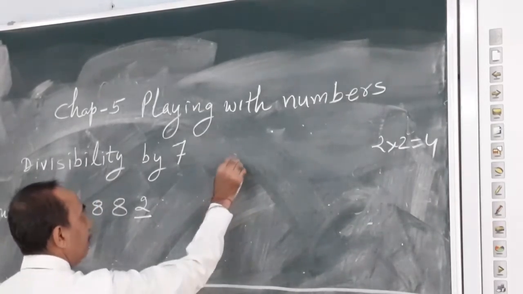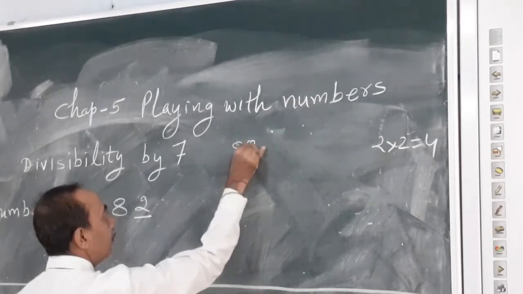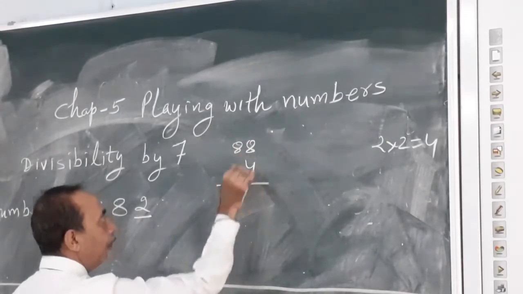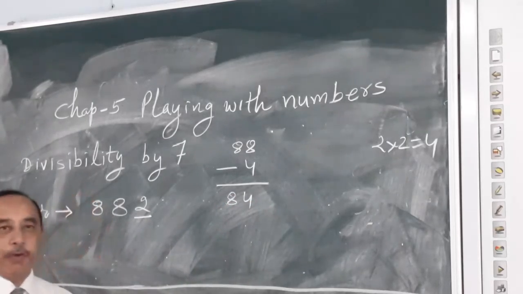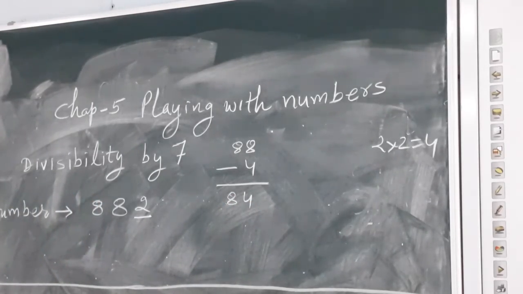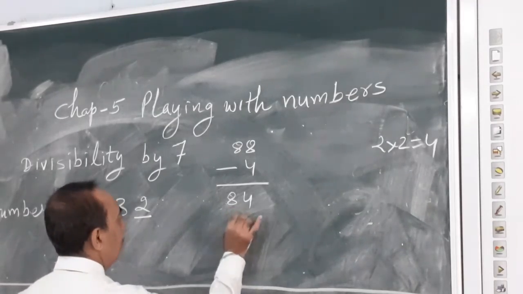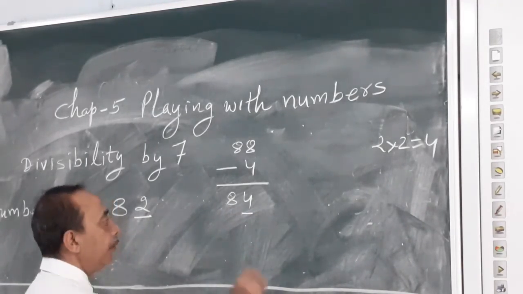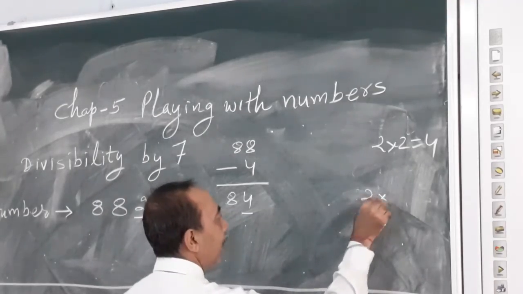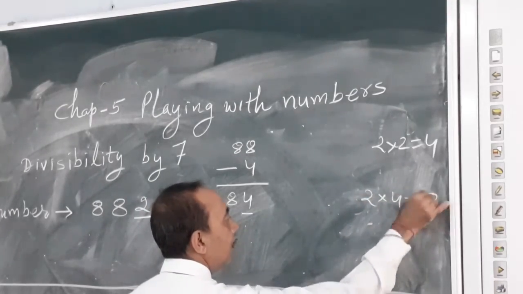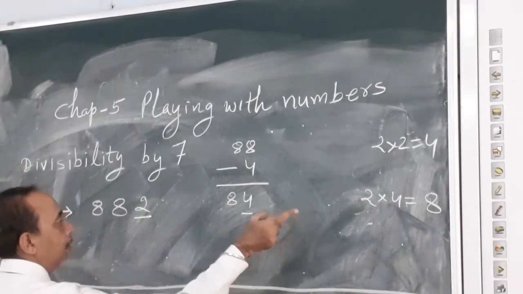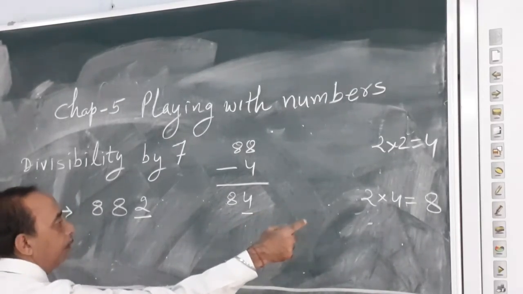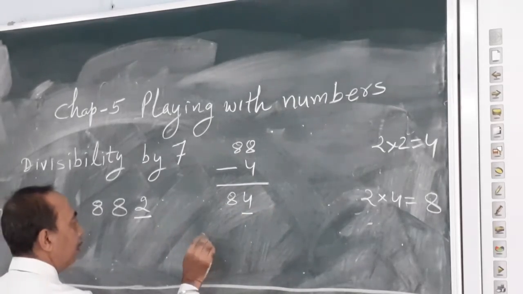The remaining part is 88, and we subtract 4 from 88, we get 84 now, and again we go to the same step. Now we select the last digit again, which is 4, and multiply it by 2, that is 8, and now we subtract this twice of the 4 from the remaining part.